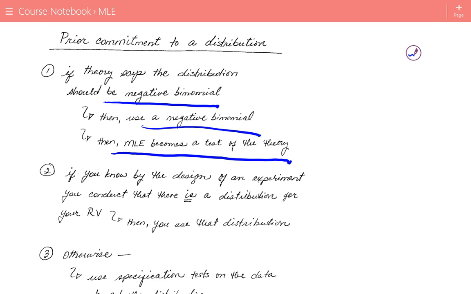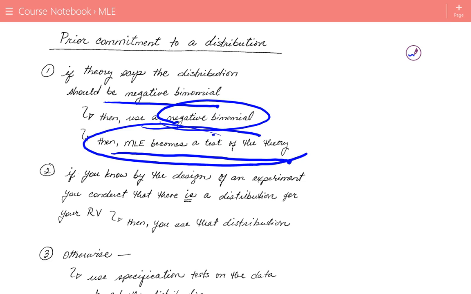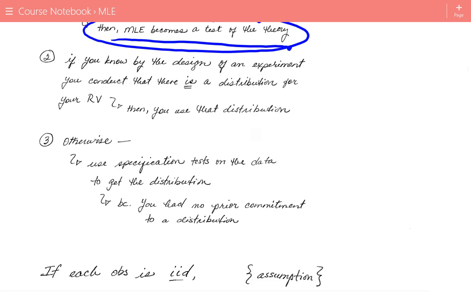This is not very common, at least in health services research and policy, that your theories are going to tell you the distribution of the random variables. But if it were the case, then you would specify it as the theoretically implied distribution, and you would use this to test whether it is plausible to believe the theory.